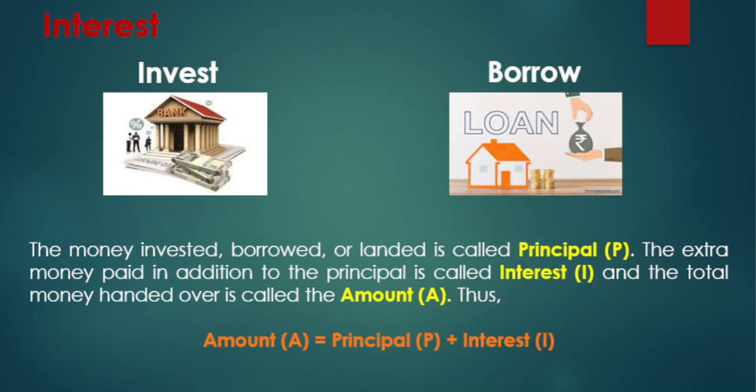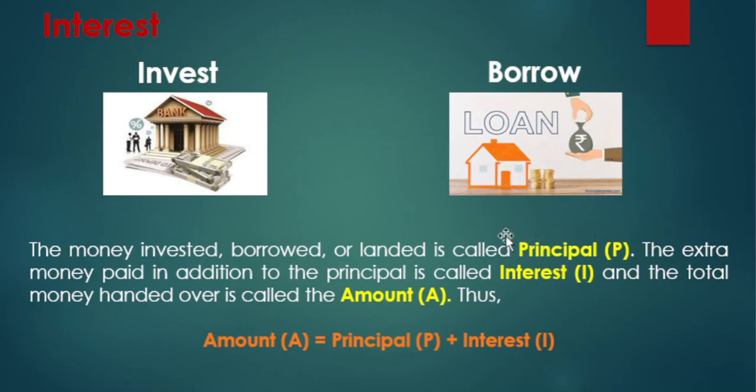Similarly, the situation arises in reverse if instead of investing, we borrow money from the bank. In this case, it is we who would be paying extra money to the bank for making use of their money.